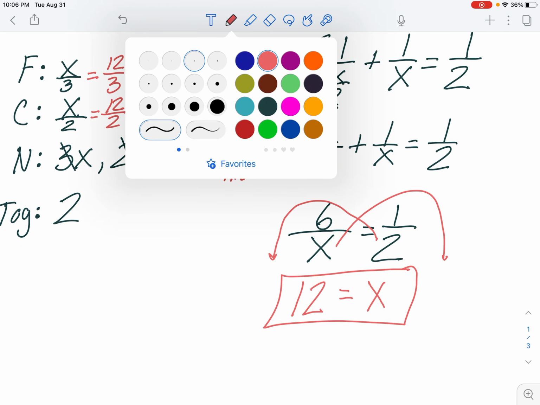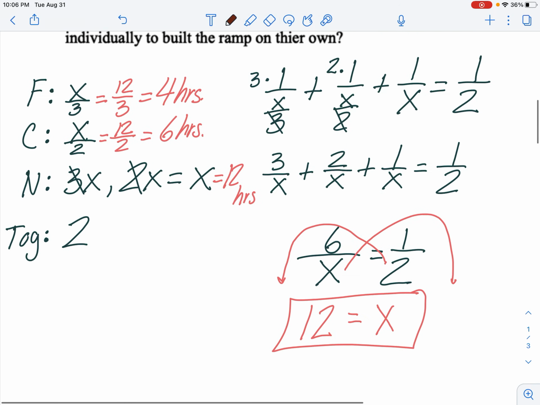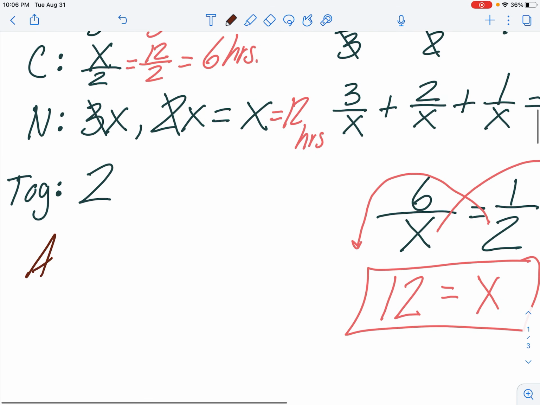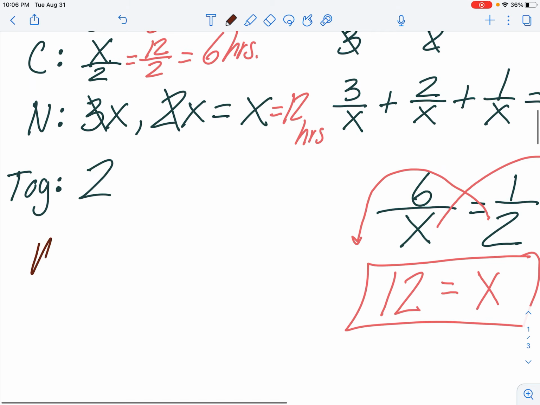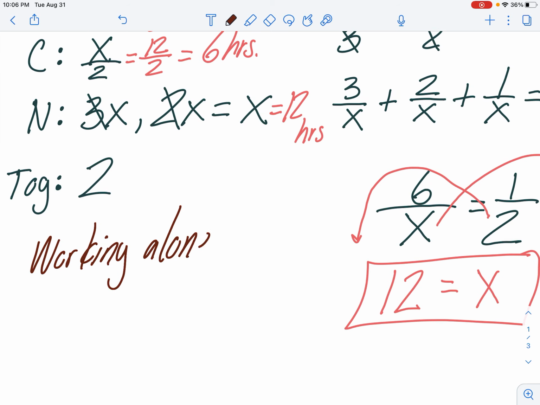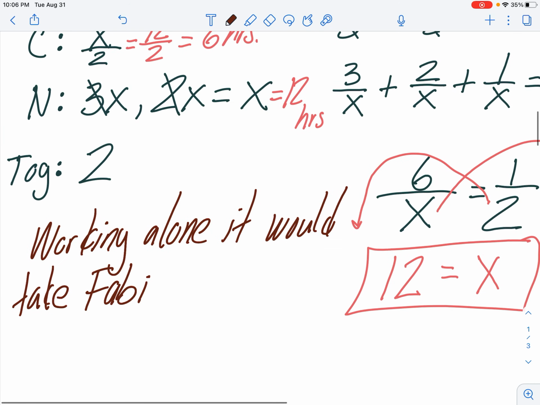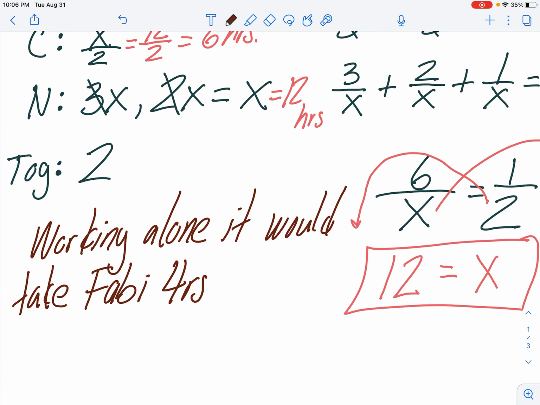So my final solution is, how long would it take them? Working alone, it would take Fabi 4 hours, HRS, not RS.